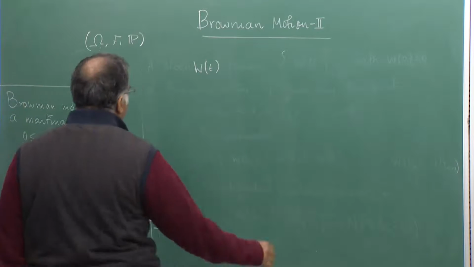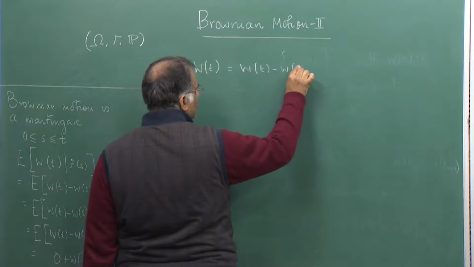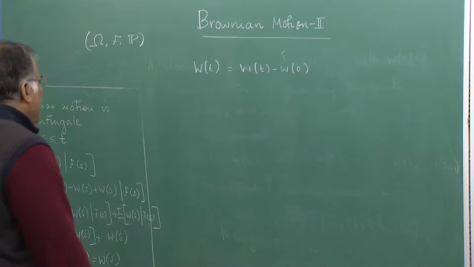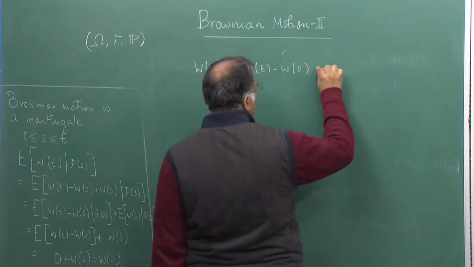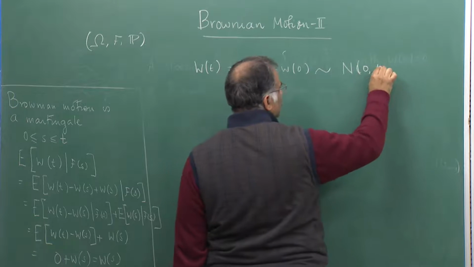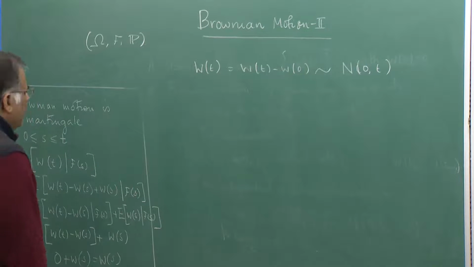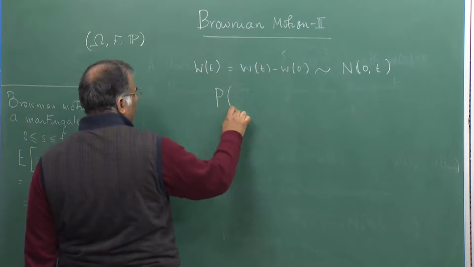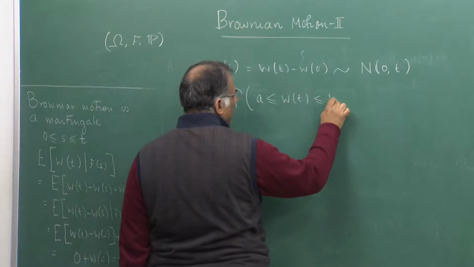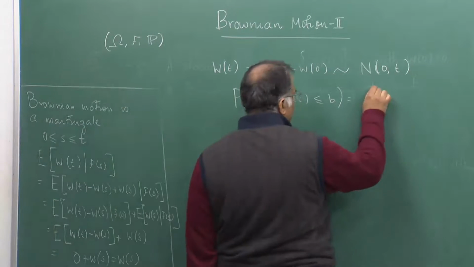Wt can always be written as Wt minus W0, and this has normal 0, t. So, if you want to know whether at a given time t your Wt is lying between some points A and B, it is obvious, you can just use the basic idea.